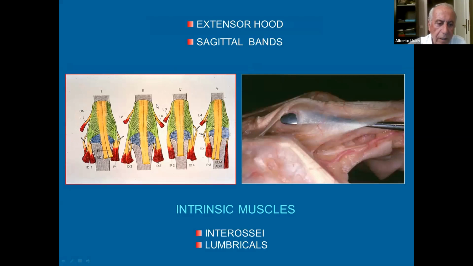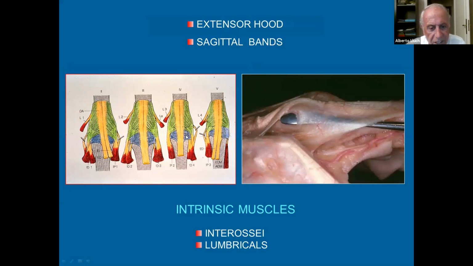Now here we have the extensor hood and the sagittal bands. When one looks at the anatomy or the surgery, they are very close to one another, and it's very difficult to define exactly where each one is.